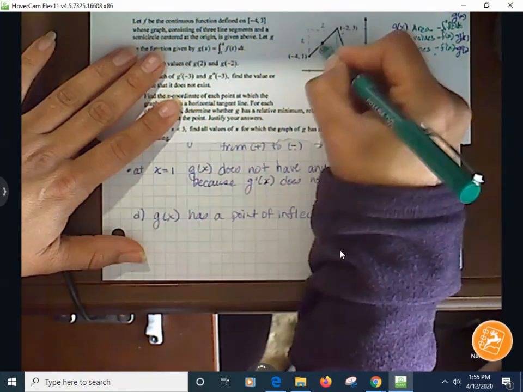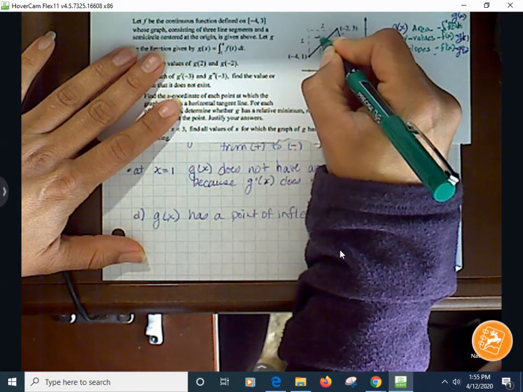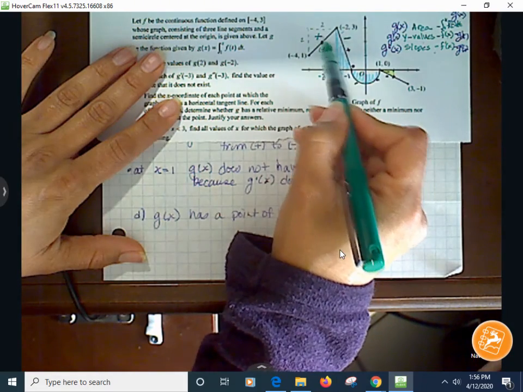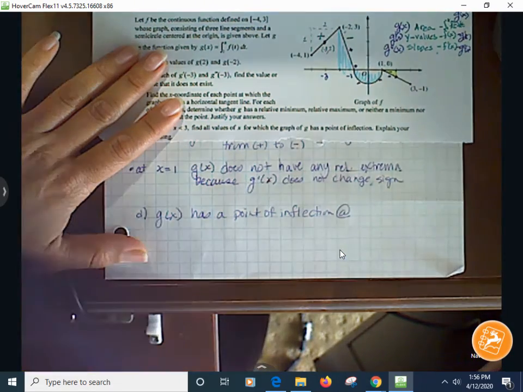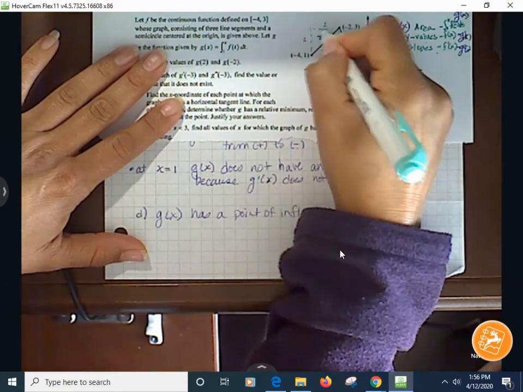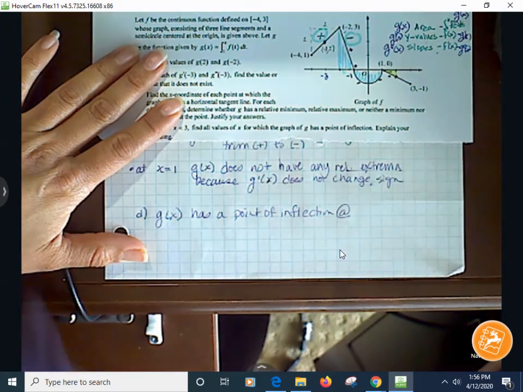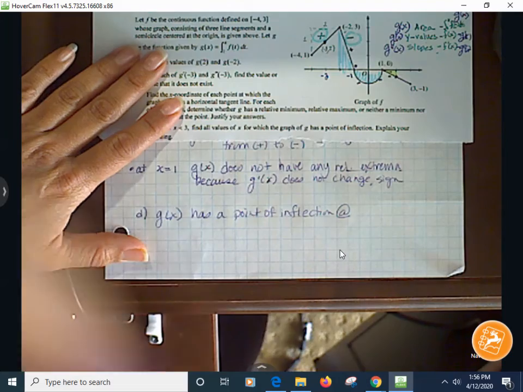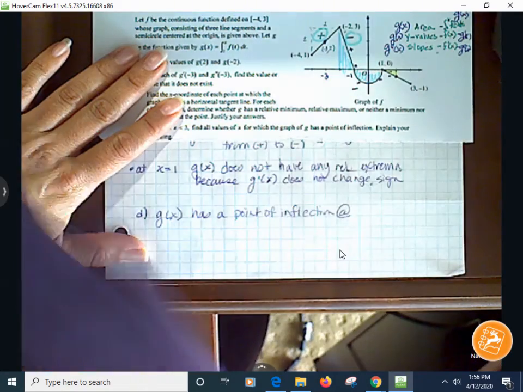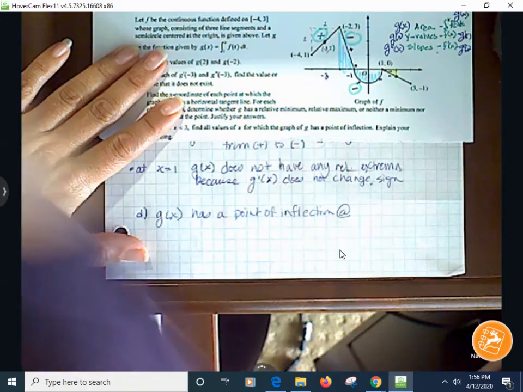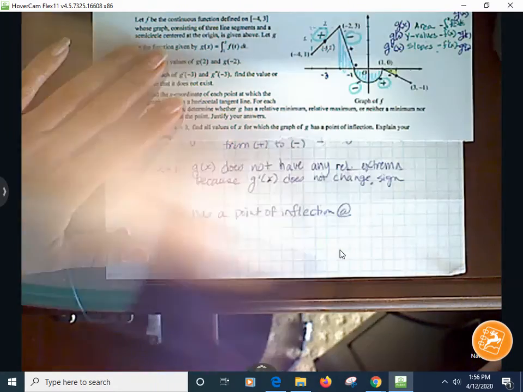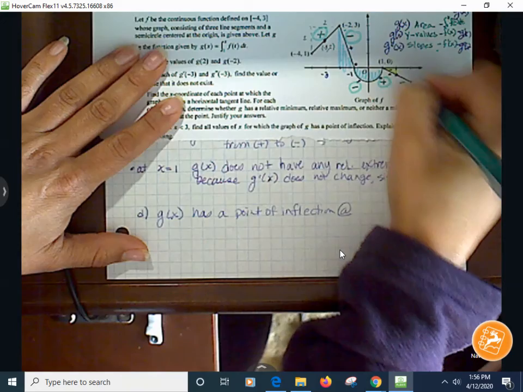So I'm going to look at the slopes. Here the slope is positive, here the slope is negative. Positive and then negative. And then down here, the slopes are negative, and here, the slopes are positive, and then the slope is negative.